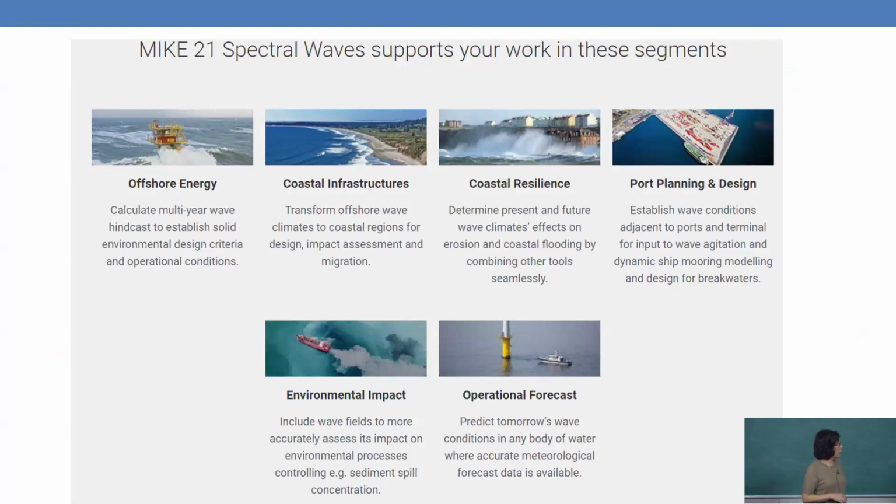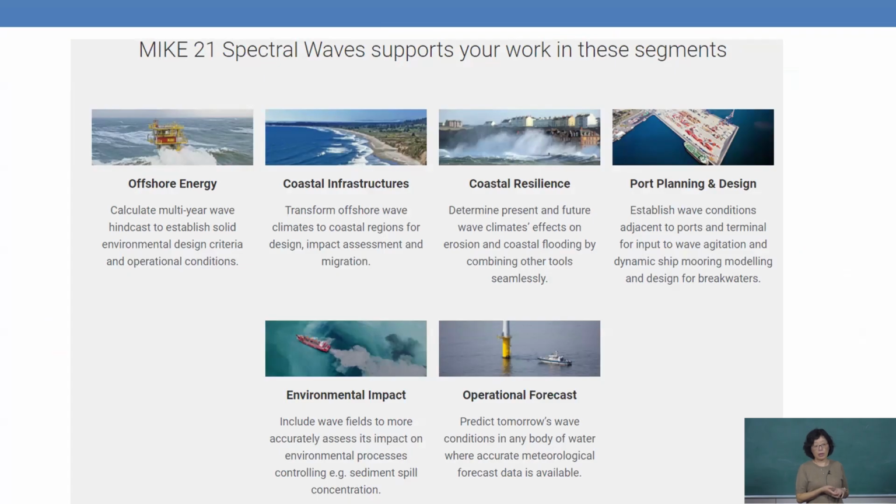For the MIKE 21 Spectral Wave SW module, that's really powerful. You are able to use it for different applications, as we mentioned before, like offshore energy, coastal structures, infrastructure, and also coastal resilience.